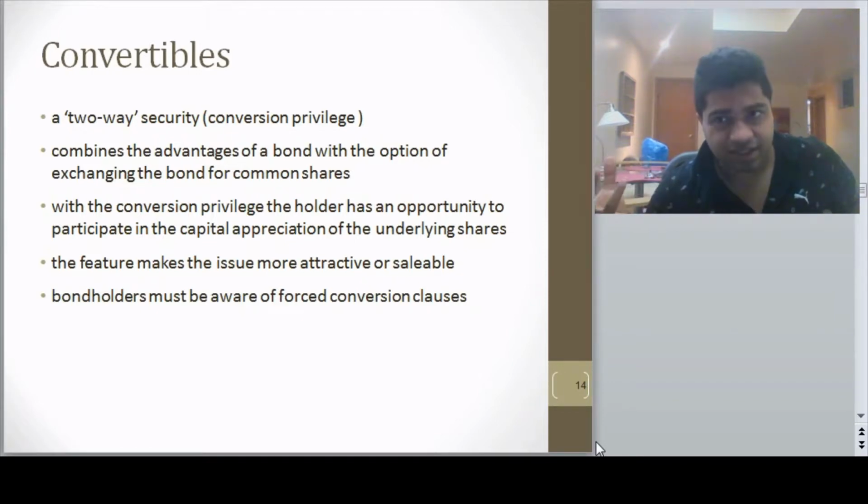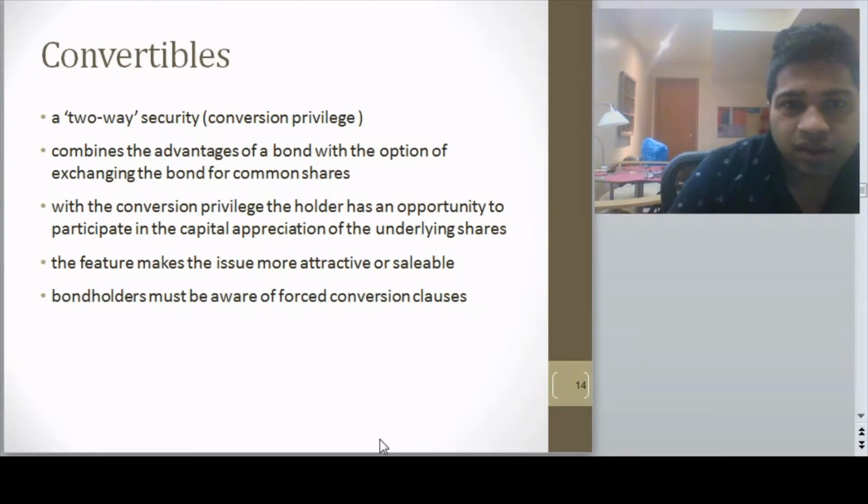When I exchange it, I get to be a part of the company's growth because of equity, but I lose out on the interest or coupon payments that the company was paying me. So it combines the advantage of a bond with the option of exchanging the bond for common shares. With the conversion privilege, the holder has an opportunity to participate in capital appreciation of the underlying shares. The feature makes the issue more attractive and more saleable.